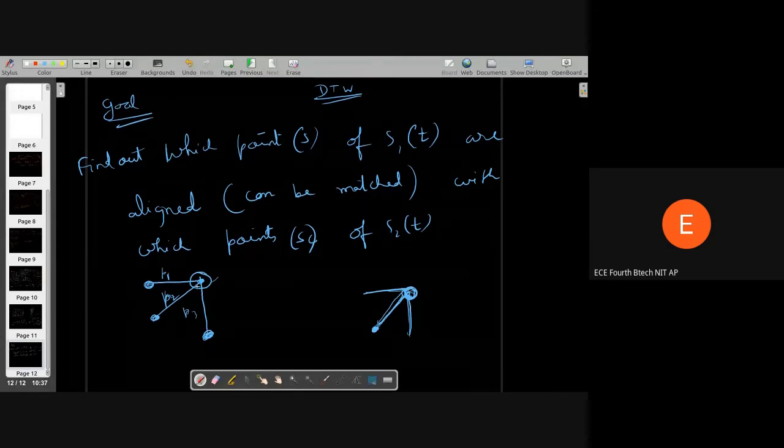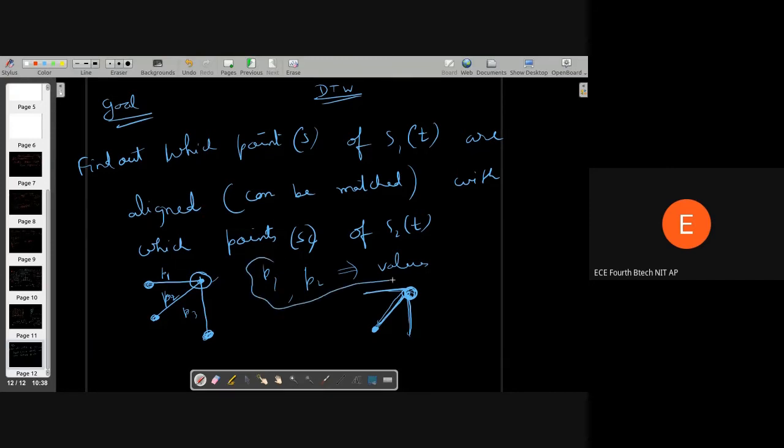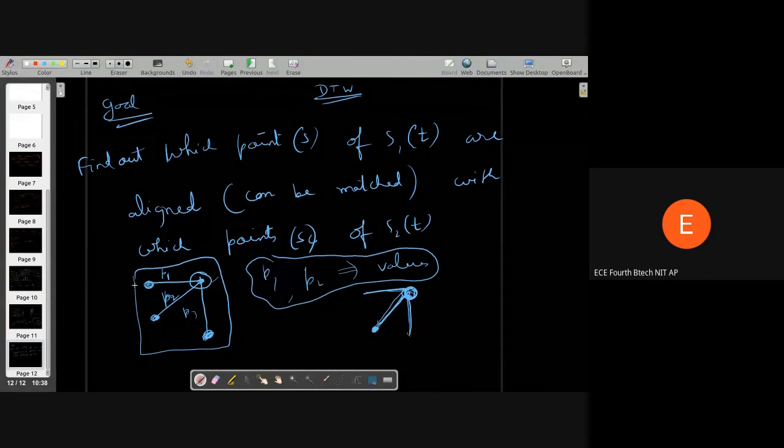Suppose part 1 and part 2 get equal values, then you could say that part 1 is the most likely. You could give some weightage to each of these parts. But that's a different thing. Those are more complicated forms of DTW. But let's consider this. Just keep this in mind.